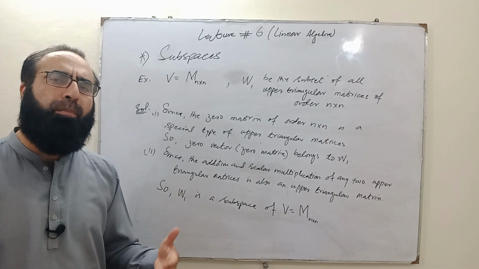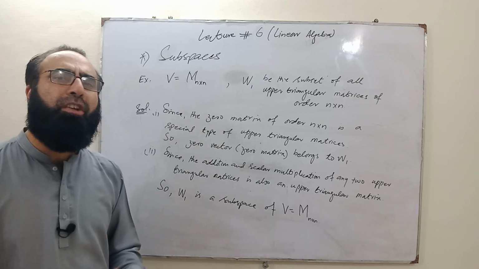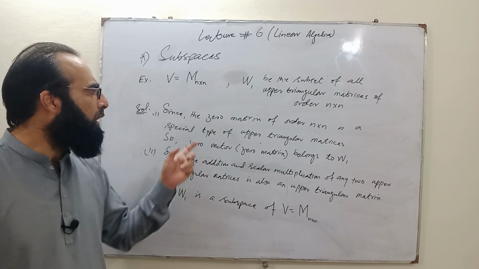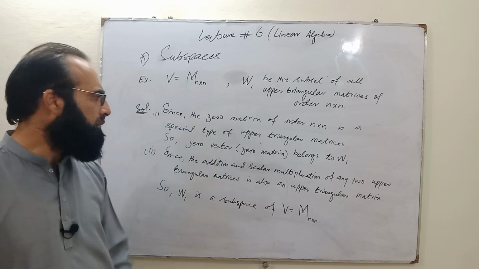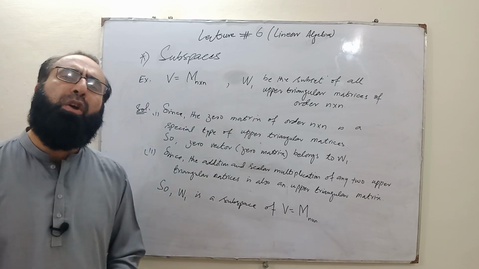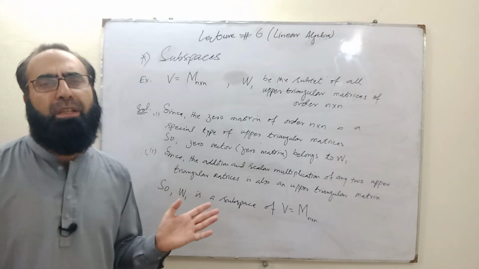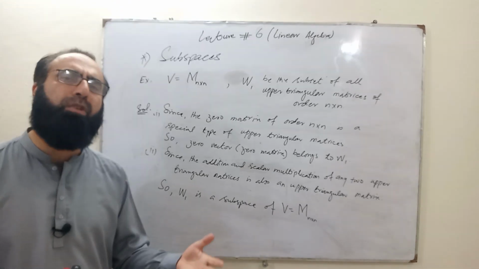Since the zero matrix of order n cross n is also a special type of upper triangular matrix, clearly the zero matrix belongs to W1. In the second condition, we know that the addition of any two upper triangular matrices gives us an upper triangular matrix.